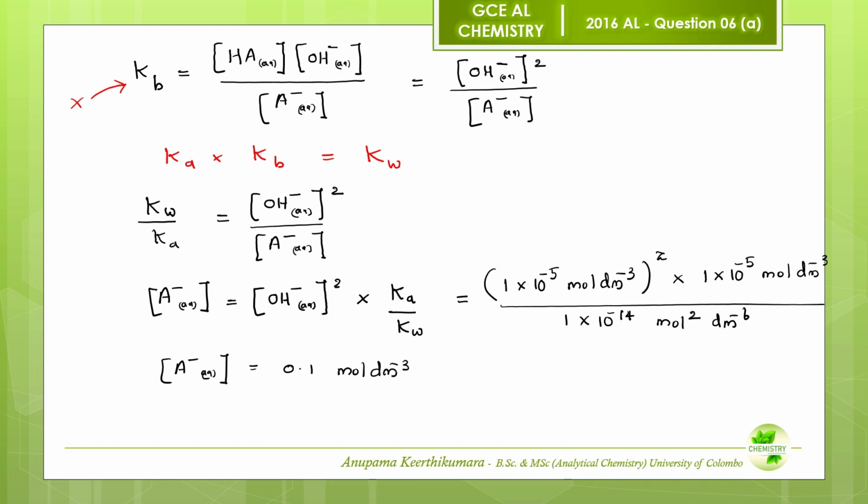Therefore, the concentration of the salt AB is also 0.1 moles per cubic decimeter. This is the answer for question number 2.